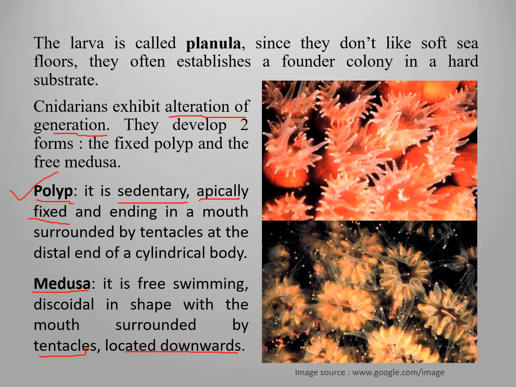This polyp asexually reproduces medusa, which are free swimming, and this medusa sexually reproduces to polyp. So there is a circular path through which at different times different forms of cnidarians are found to occur.